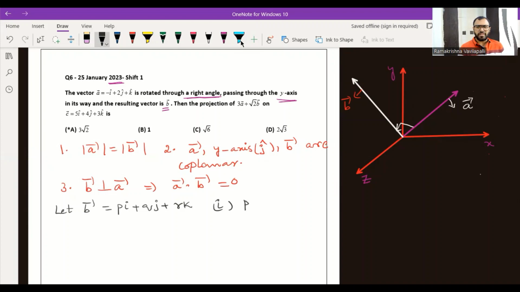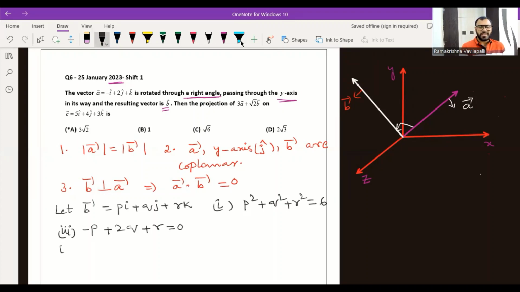Squaring both sides, you will get p square plus q square plus r square equal to the square of the magnitude of the given vector A bar, which is 6. Second relation, or third relation: B bar is perpendicular to A bar. So we have minus p plus 2q plus r equal to 0.